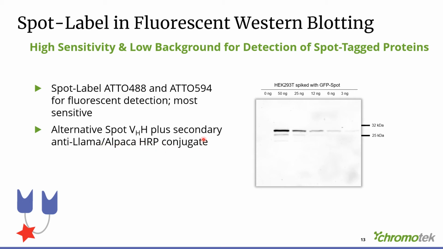In our experience, the fluorescence detection is more sensitive. An example is given here for a GFP protein that has been tagged with Spot and detected with ATTO 488 labeled Spot-Label.